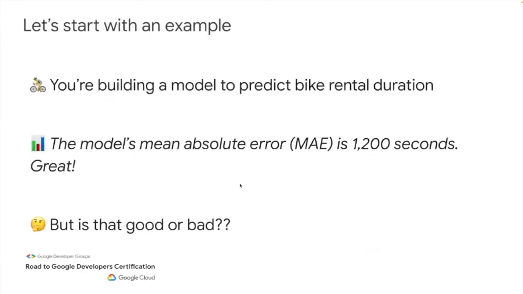So prototypes are good. For example, you're building a model to predict bike rental duration. And the model's mean absolute error is 1,200 seconds. Great. But is that good or bad? What do you think? Write that in the chat.